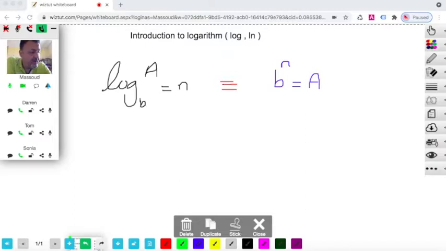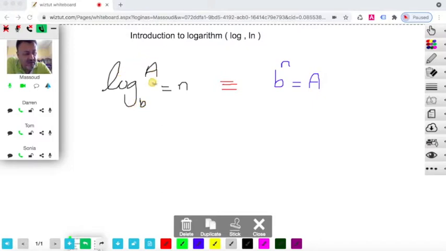What I was saying about writing logs in a specific way is that the subject generally needs to be of a larger font, and lifted and placed in a very similar place to where I'm putting it. And the base needs to be written with a smaller font, and very close to the log.